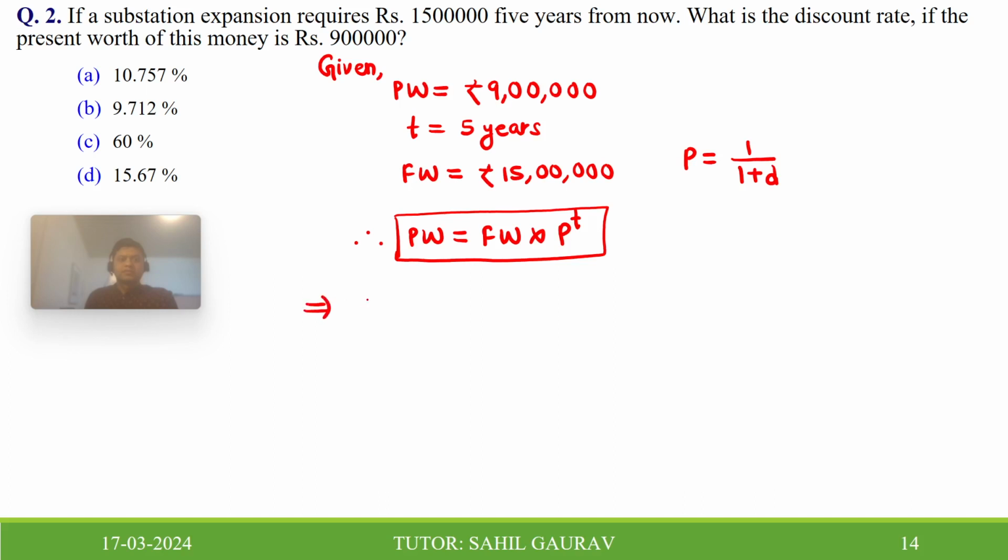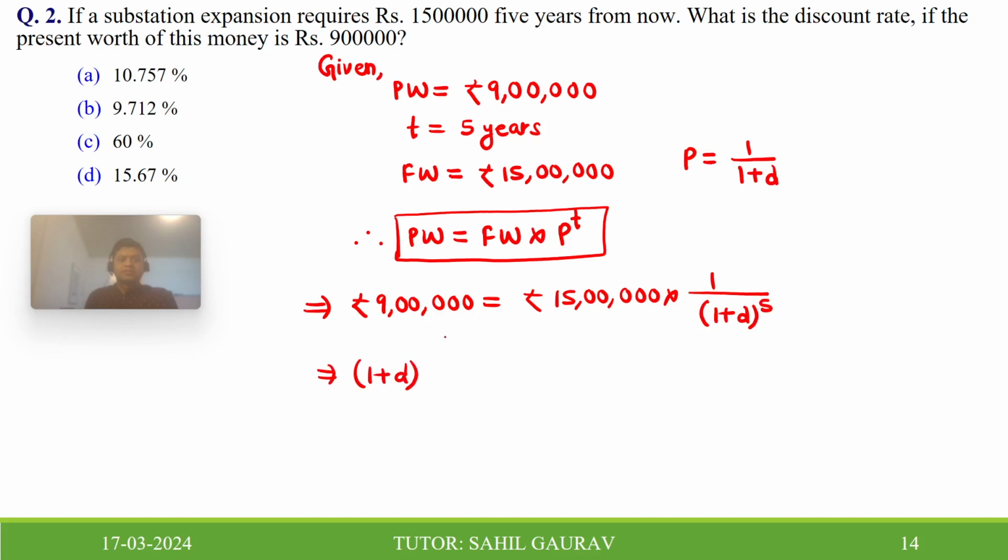Now substitute all these values. So it will come 1 upon (1 plus d) to the power 5, it will come 5 upon 3.